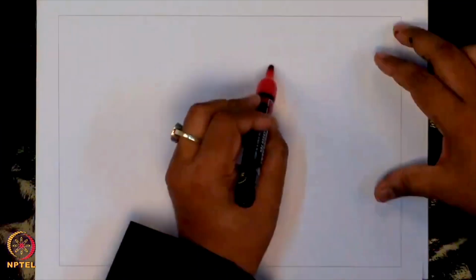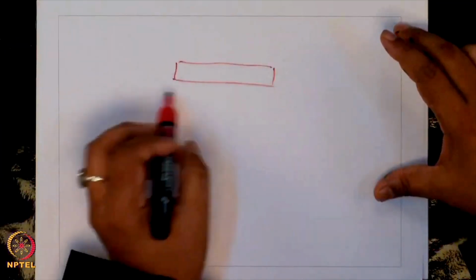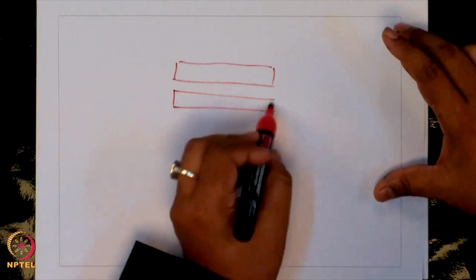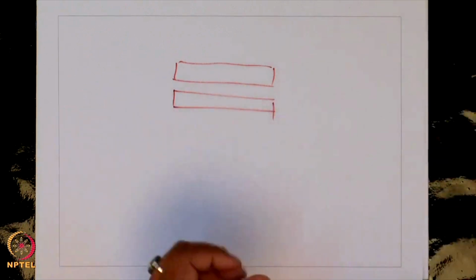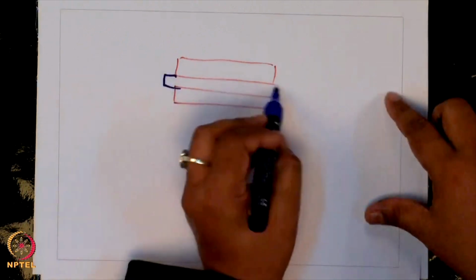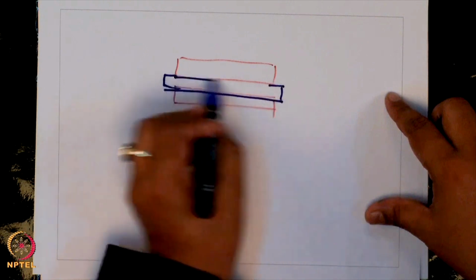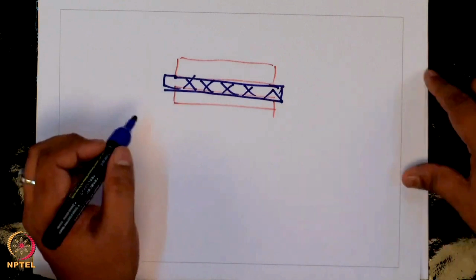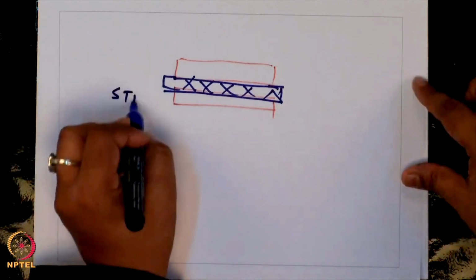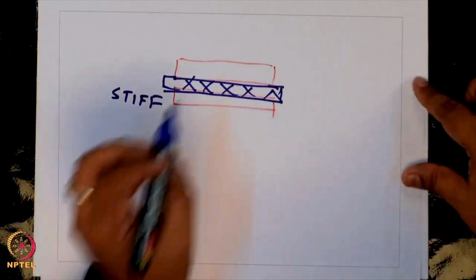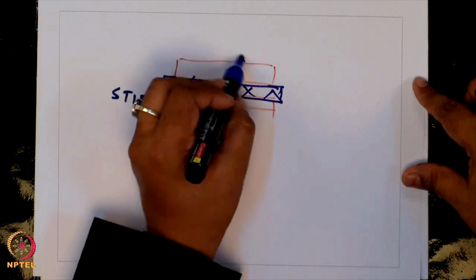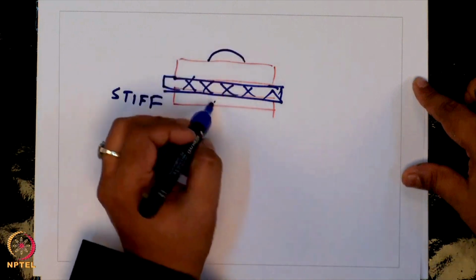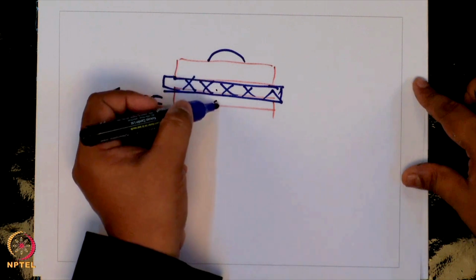If I have a gel on two sides and I put something in between which is very stiff, the cell which is sitting here might be able to sense what is sitting here or down there.